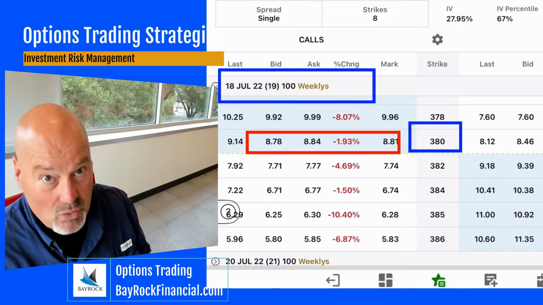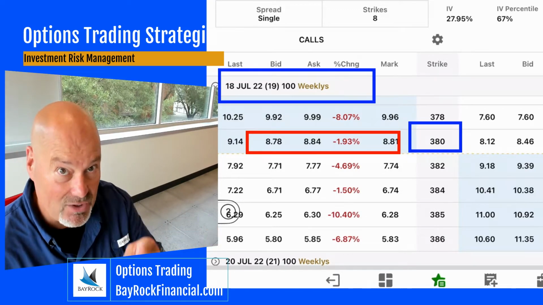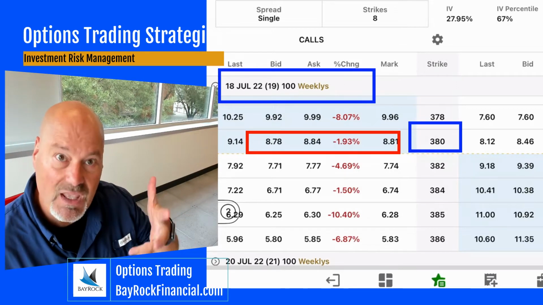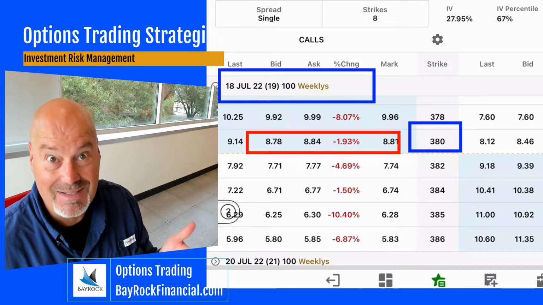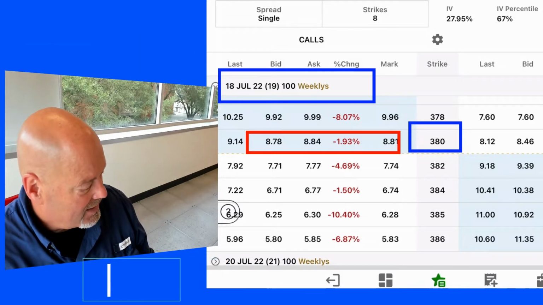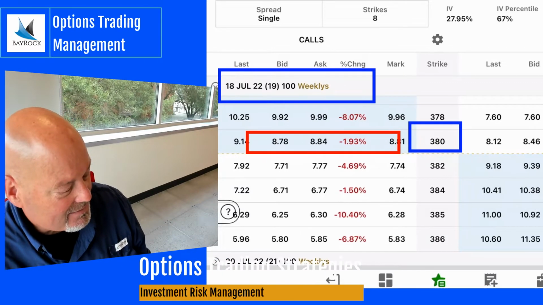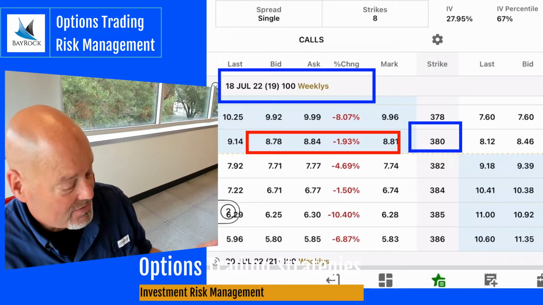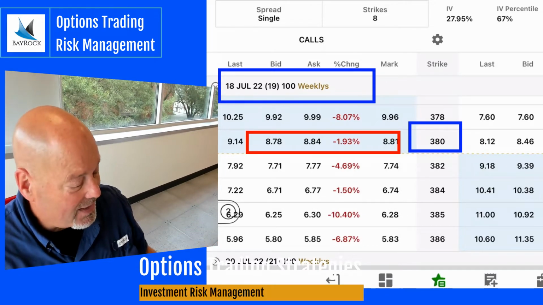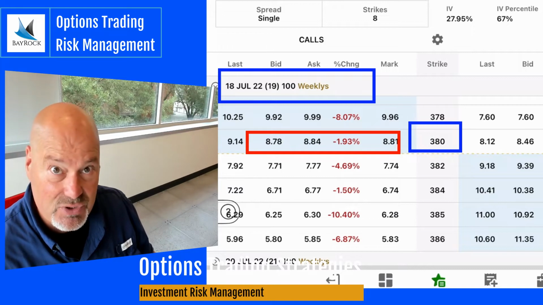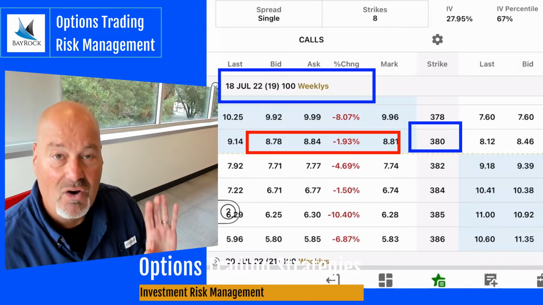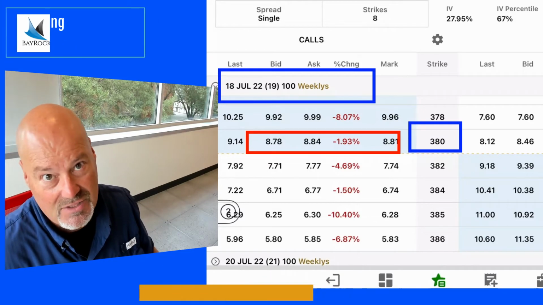If I sold a contract on this, you would receive a premium, a credit, basically income of, let's say we got the ask price. I would set a limit so that we get the best price possible, and we'd get $8.84 per share. That's $884 credit on your 100 shares of SPY.